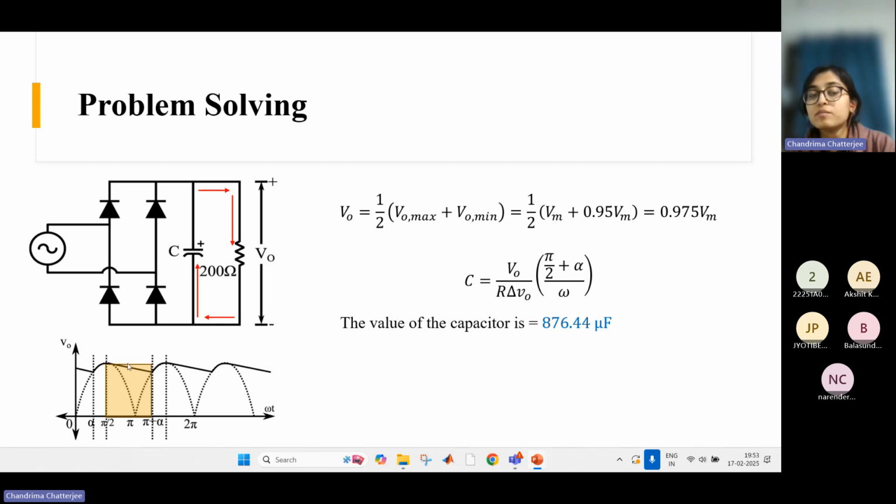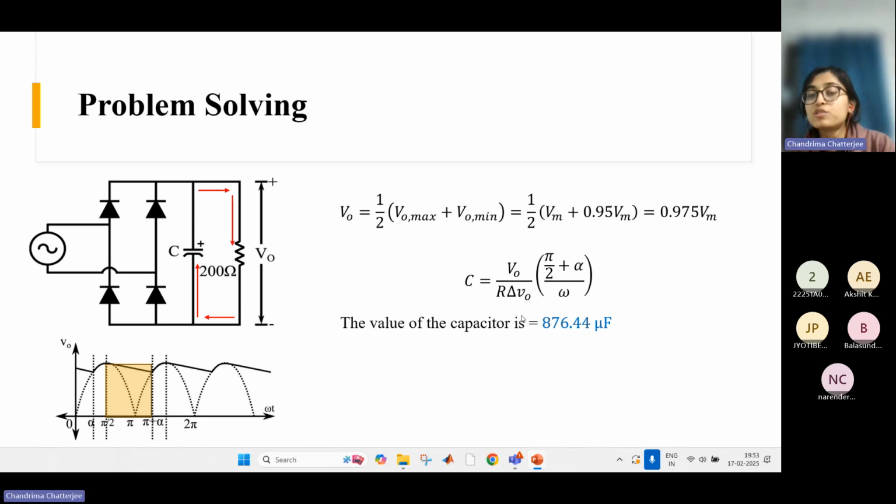Maximum value is Vm, and minimum value is the maximum minus the ripple quantity, right? So ripple was 0.05 Vm, so that's why V min comes out to be 0.95 Vm. So the half of the summation of these two comes out to be 0.975 Vm, right?